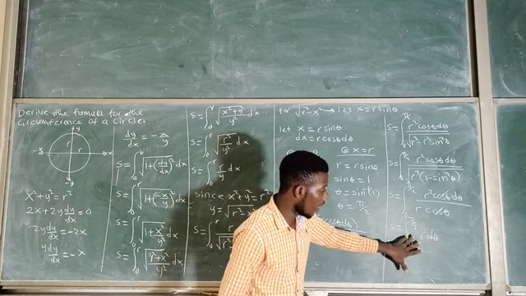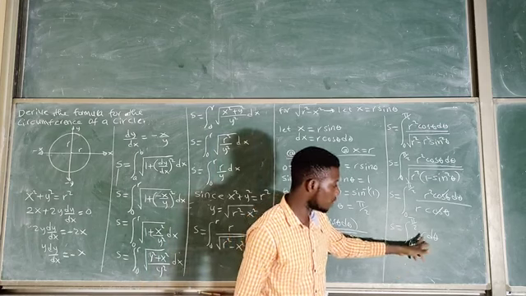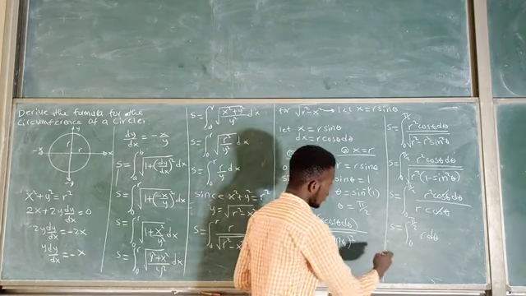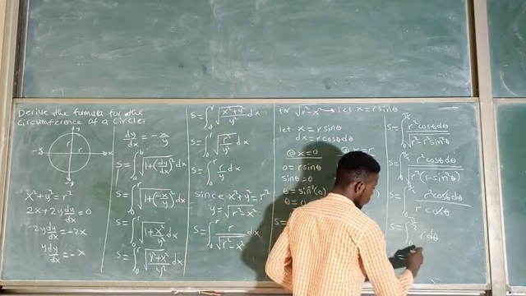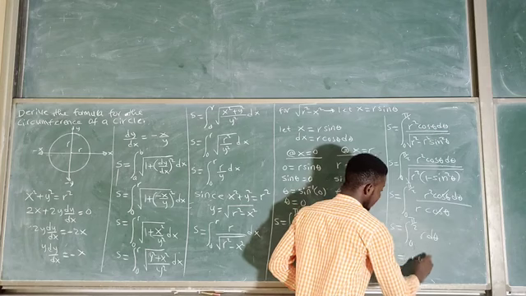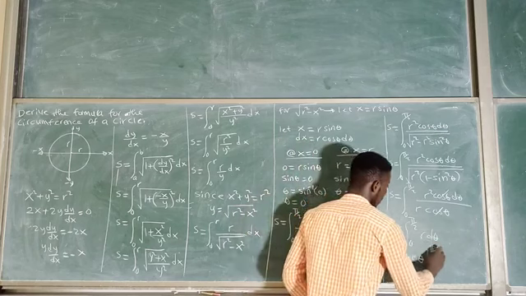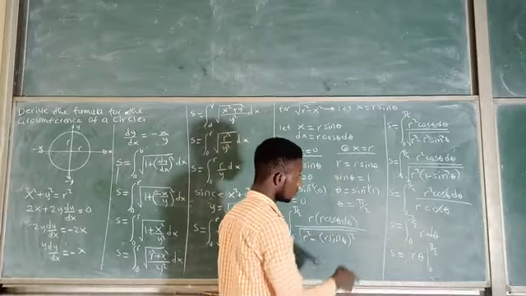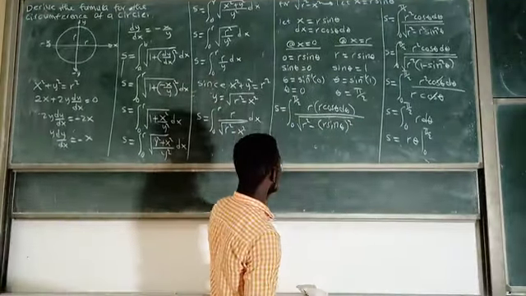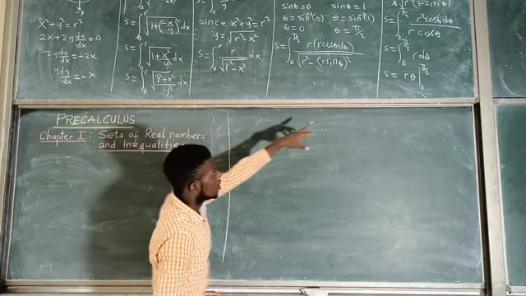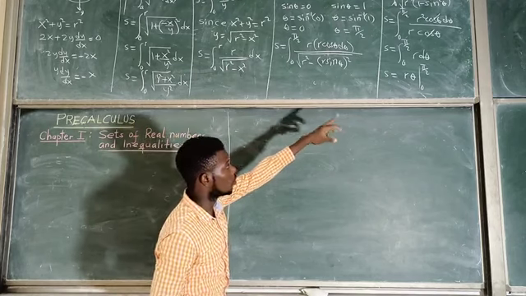Now, when I reach here, I can integrate r d theta because r is a number. So s will be equal to r theta, because the integral of d theta is just theta, from 0 to pi by 2. Just keep that in mind. So s is equal to r theta from 0 to pi by 2.